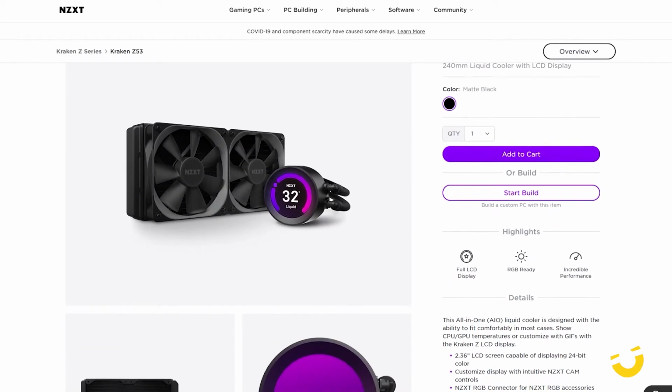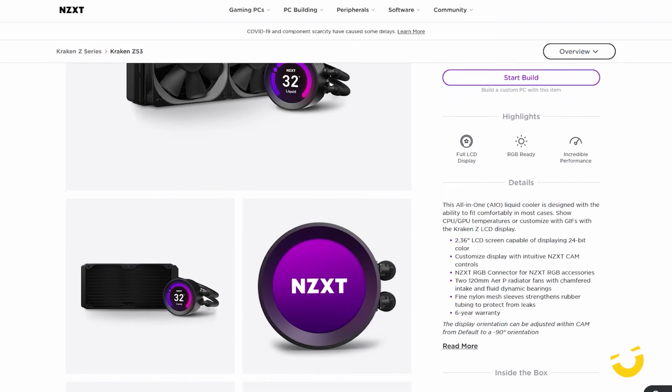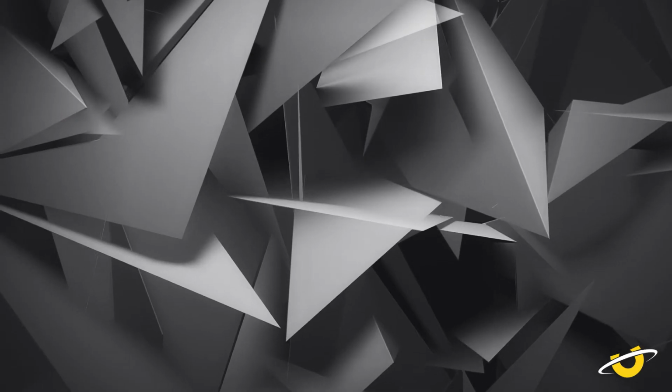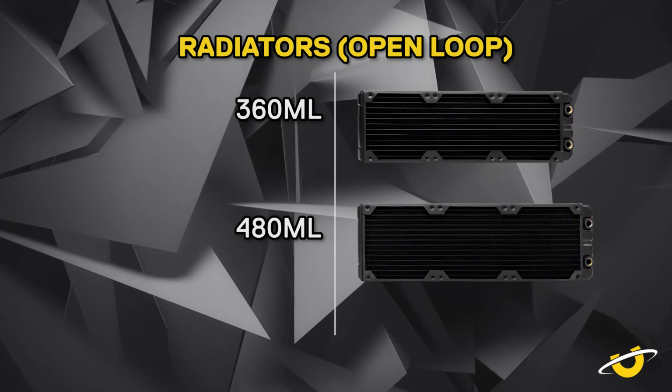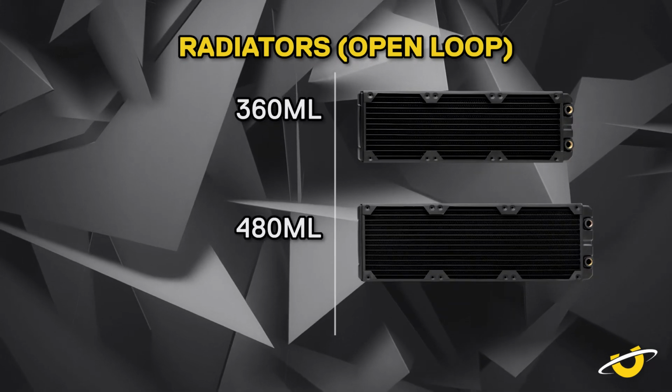Unlike closed loop options, there are considerably more variables to consider. Each one of the components that makes up the loop has countless variables, from size, upgradability, cooling potential, and aesthetics, as well as other options. Take for example radiators. These come in many sizes: 120, 240, 360, and even 480mm, with various thicknesses, fin densities, and port layouts.